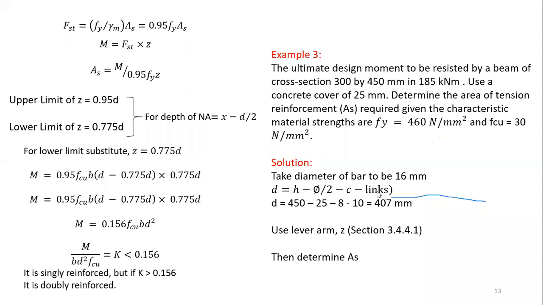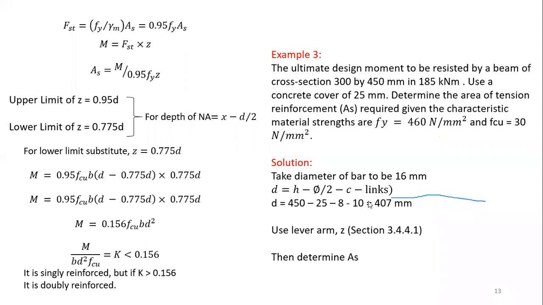For some of you that have been to any construction site, you will see that they always tie the reinforcement at the top and the bottom of any cross section together. That is what we call links. So we assume the diameter of the links to be 10 mm. Let us say the cover to the concrete is 25 mm. If you use 16 mm as bar divided by 2, you have 8. At the end of the day, your effective depth is 407 millimeter.